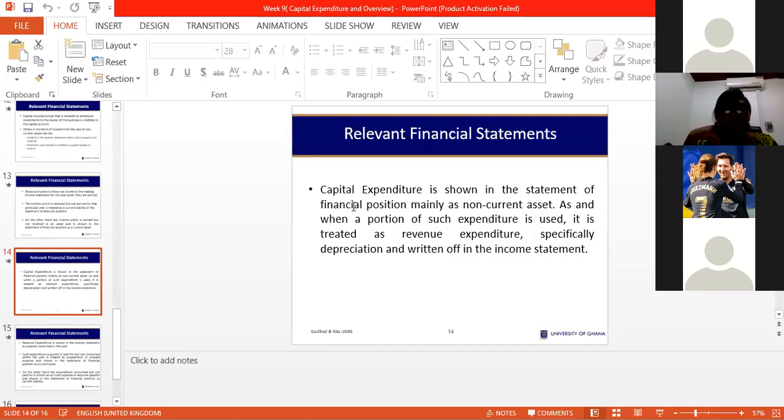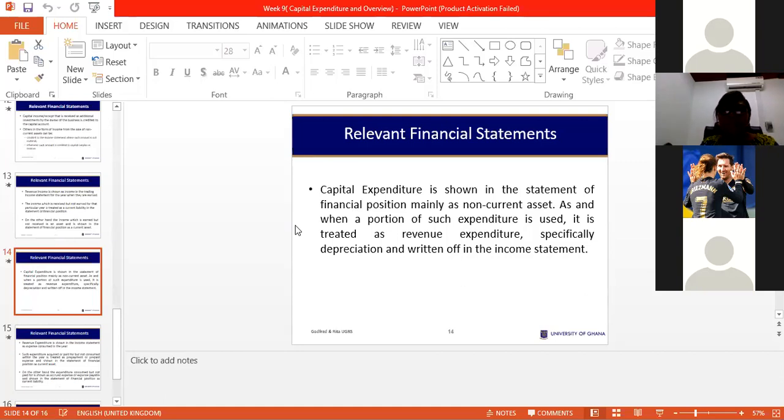Definitely we will debit motor vehicle account in the statement of financial position accounting equation, and credit cash, if it's cash. If it is bank, we'll credit bank. So that is it with capital expenditure. Anytime we buy capital expenditure, we show it as a non-current asset in the statement of financial position.